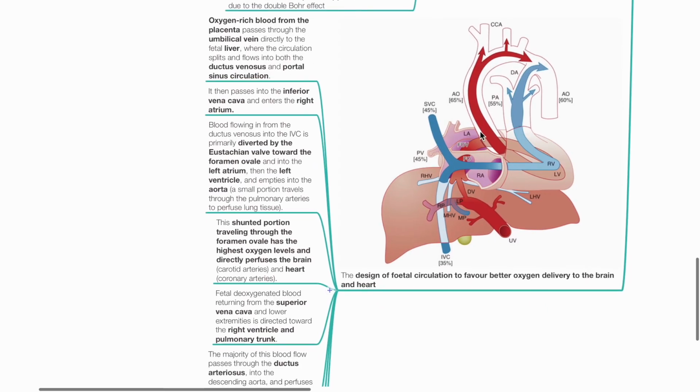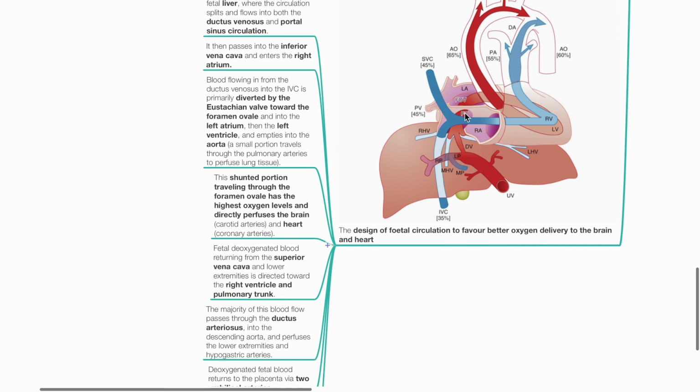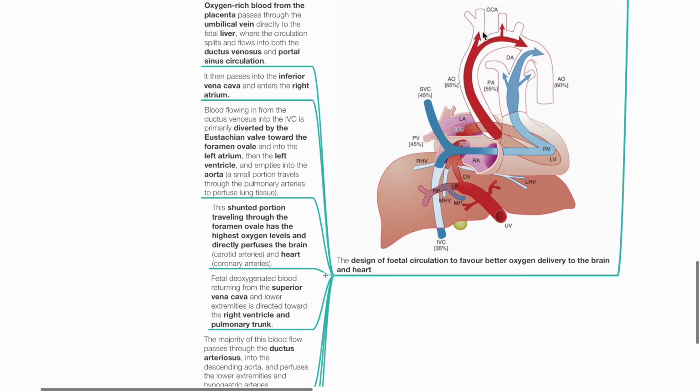This shunted portion traveling through the foramen ovale has the highest oxygen levels and directly perfuses the brain and the heart via the carotid arteries and coronary arteries respectively. Fetal deoxygenated blood returning from the SVC and lower extremities is directed towards the right ventricle and pulmonary trunk.